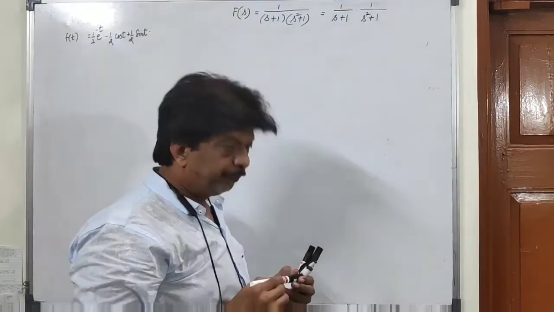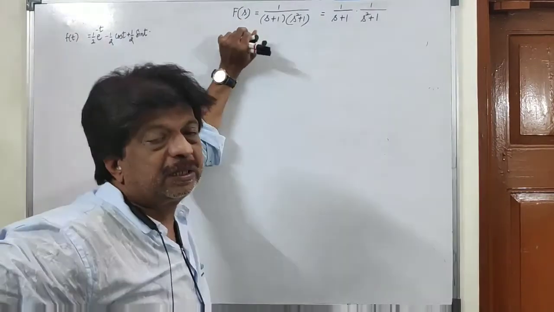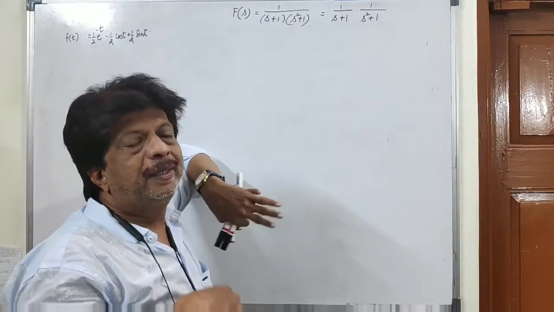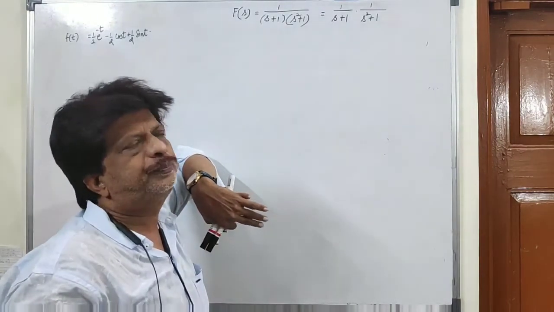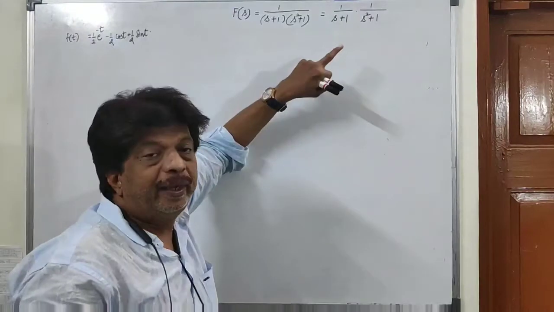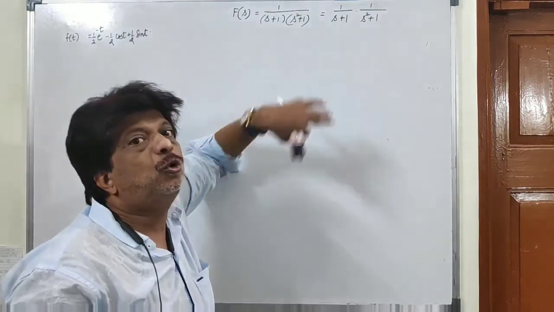I have expressed the given function F of S into two different factors such that the inverse of each term I know. Inverse of 1 upon S plus 1 I know. Moreover, the inverse of 1 upon S square plus 1 is also known to me.